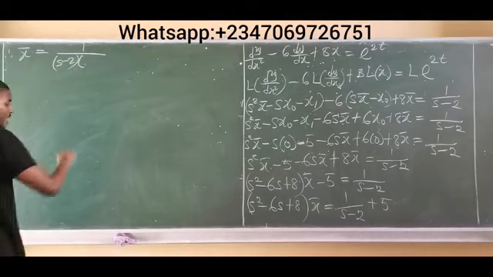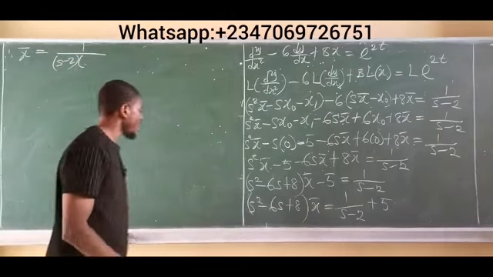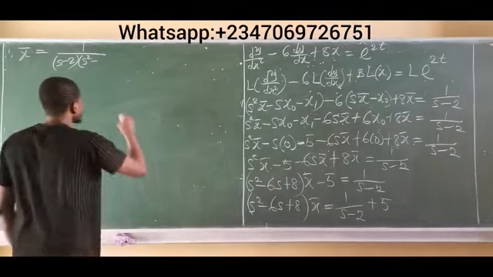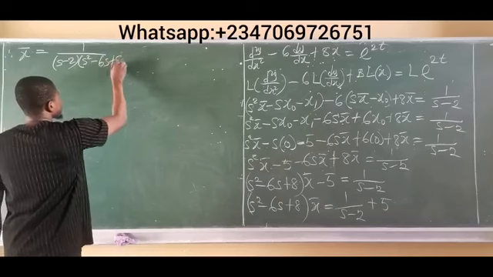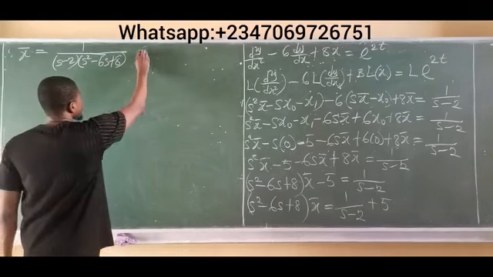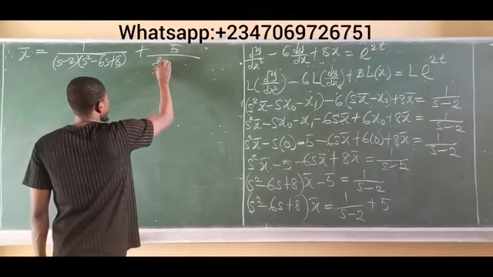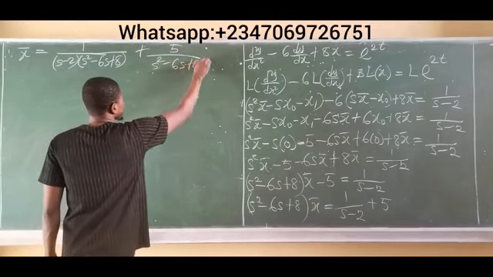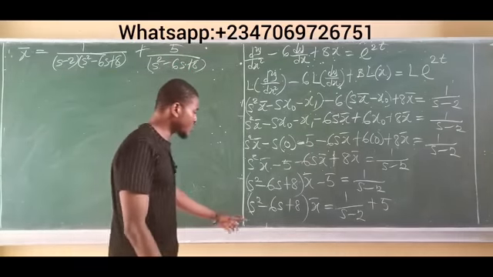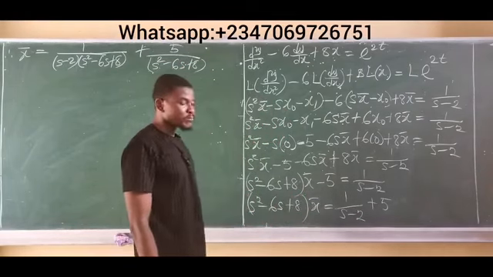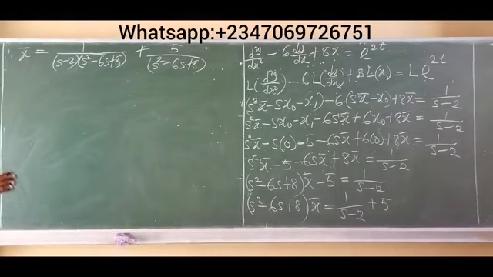Now if I'm dividing through by this value, I will simply have here x squared minus 6x plus 8, plus, now I have 5 all over the same thing, x squared minus 6x plus 8. I simply have this. So dividing all through by x squared minus 6x plus 8, that simply makes x bar subject of the formula.